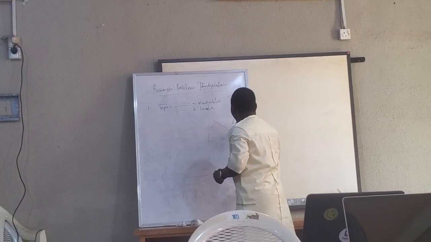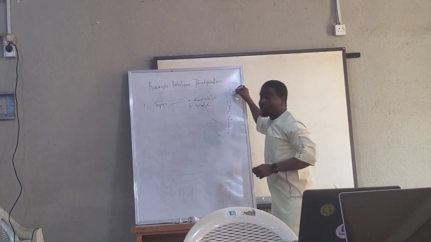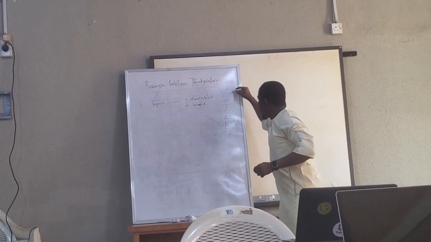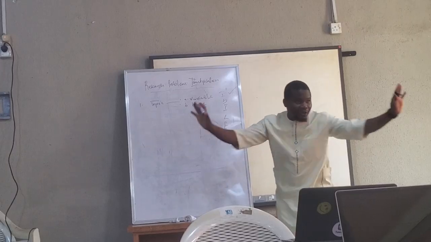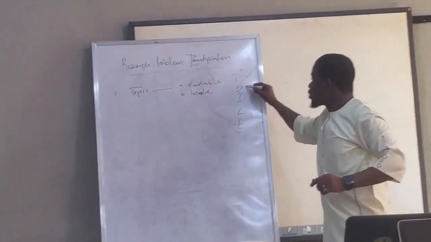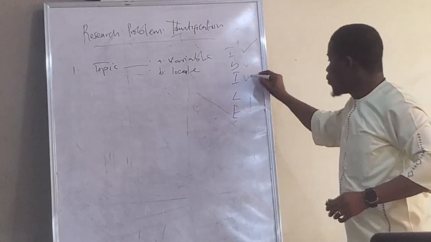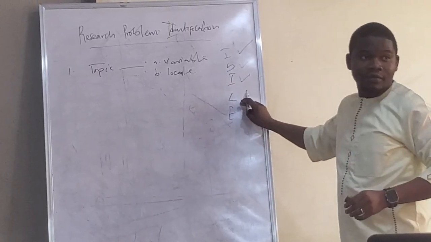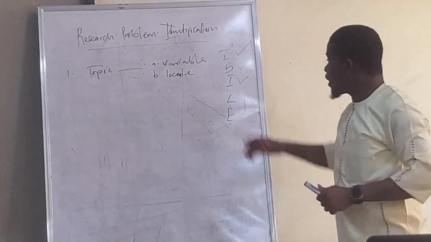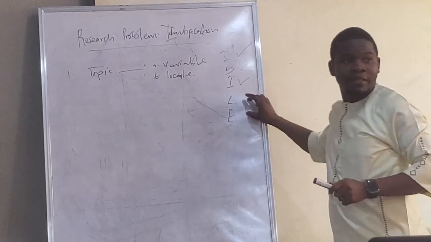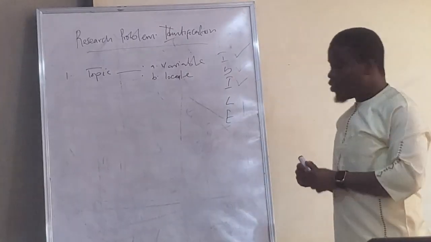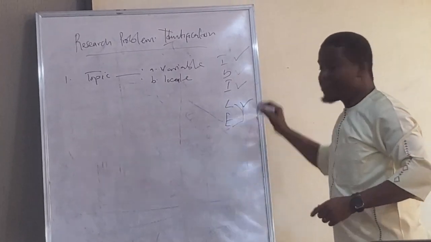A study has looked at Ikeja, another at Badagry, another at Ikorodu, another at Lagos Island. Let's say three studies have looked at this area. It remains Lagos Central. Out of these two, I can pick one.